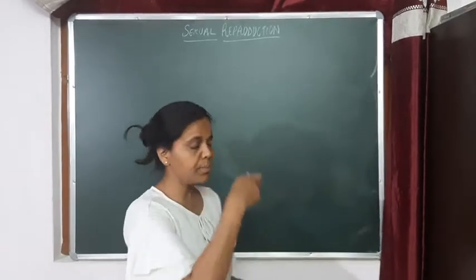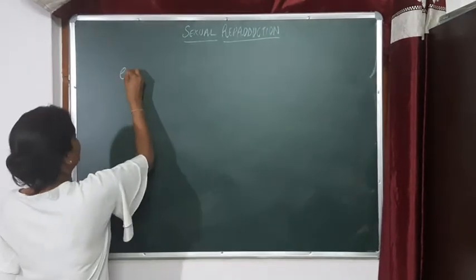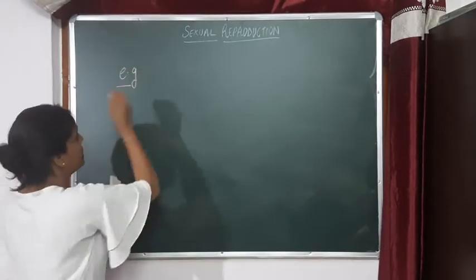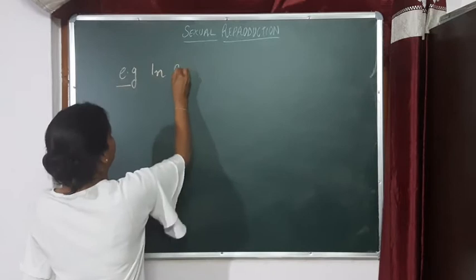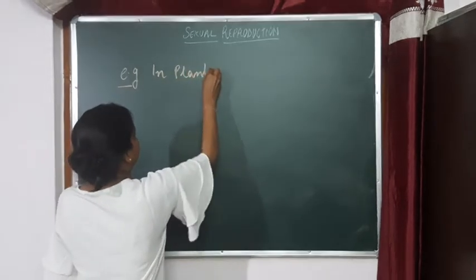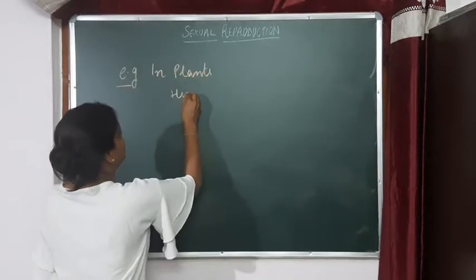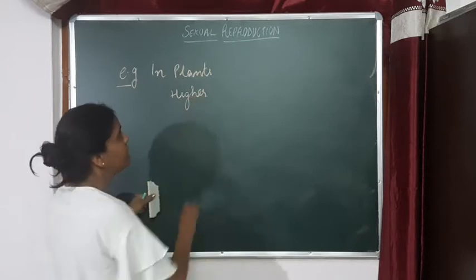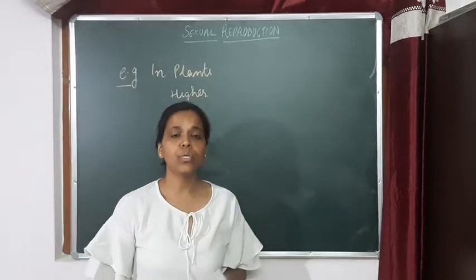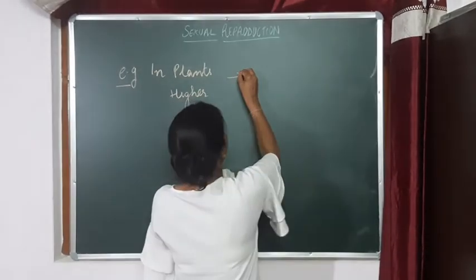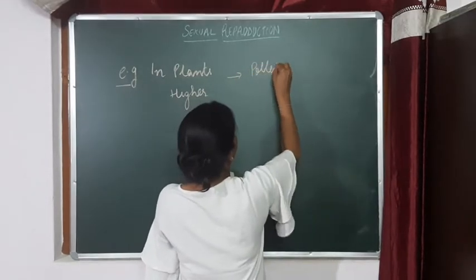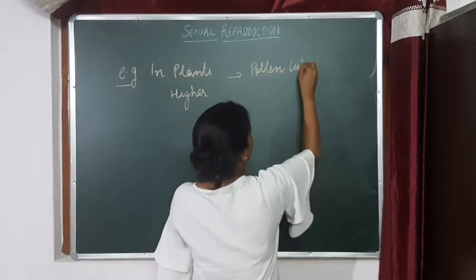Now getting into some examples. For example, in higher plants, sexual reproduction is going to take place when the pollen tube is formed.